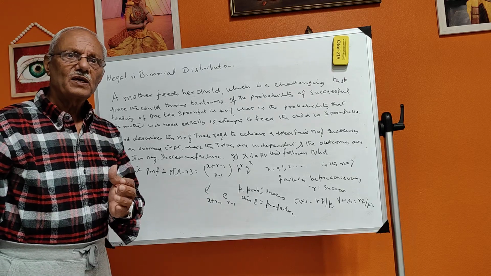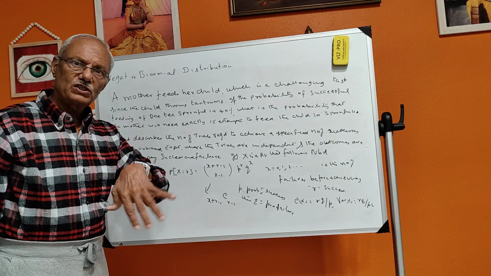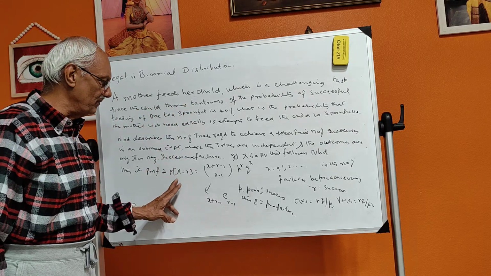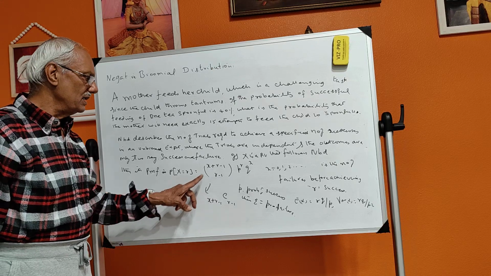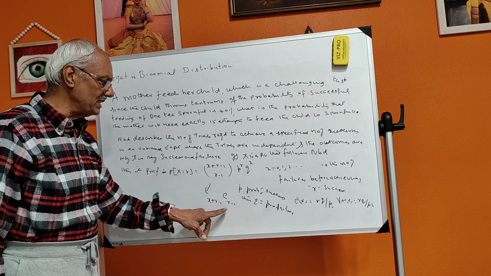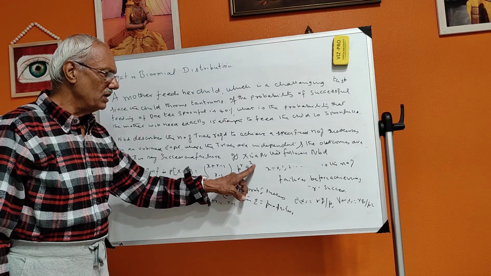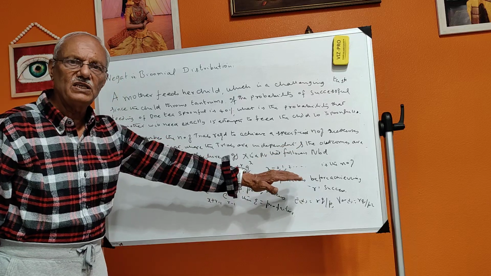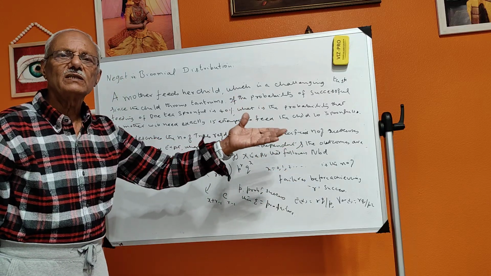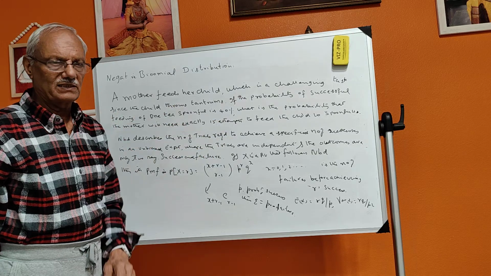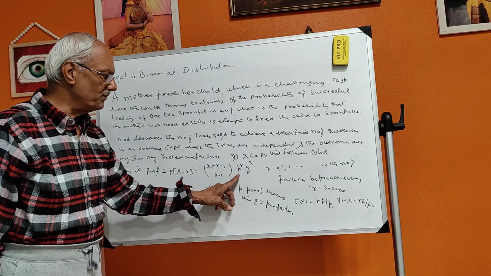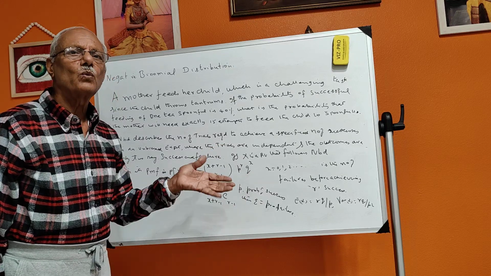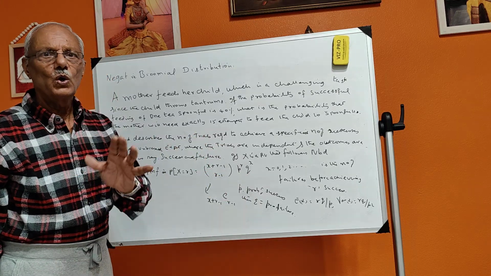A random variable X follows a negative binomial distribution if its probability mass function is given as P of X equal to x is (x + r - 1) C (r - 1) p to the power of r into q to the power of x, where x equal to 0, 1, 2, 3 are the failures that come before achieving the specified r successes. Here p refers to success and q refers to failure, and q is 1 minus p, or p plus q is equal to 1.